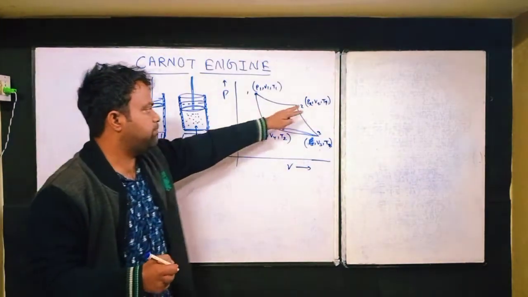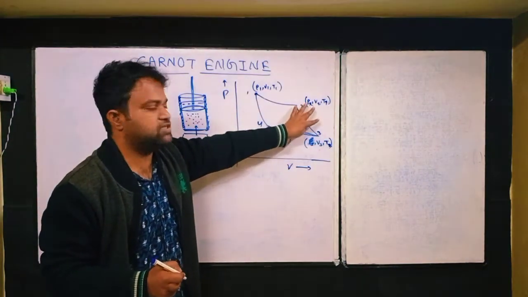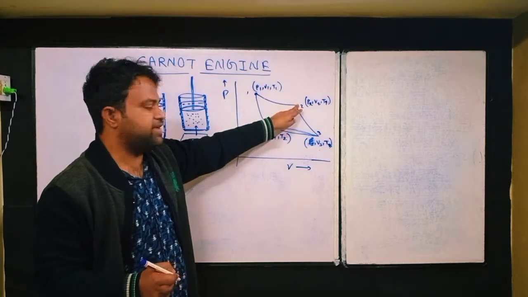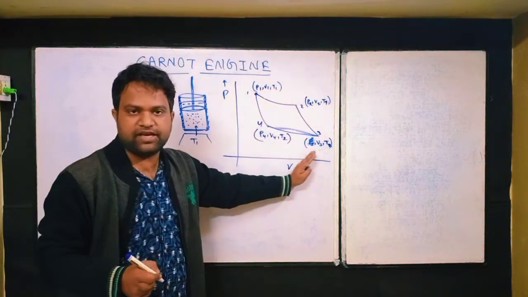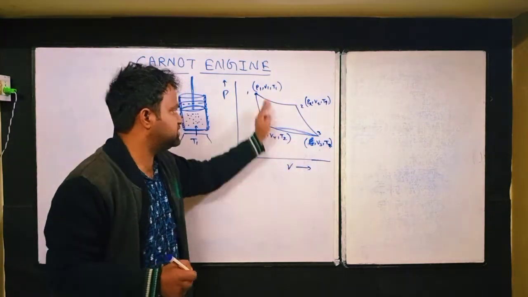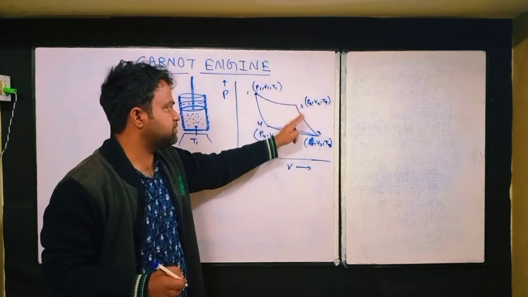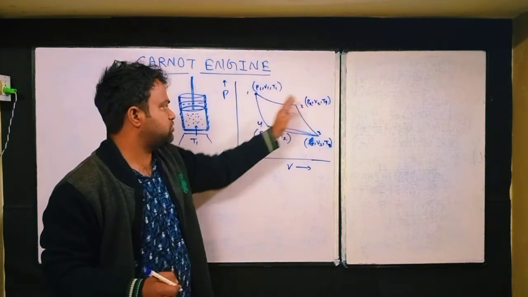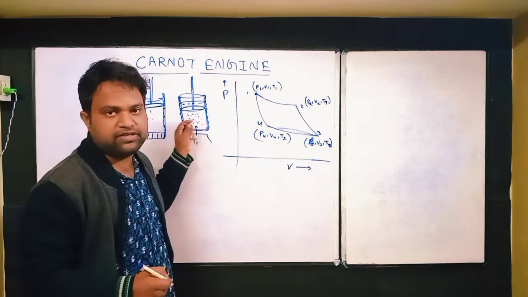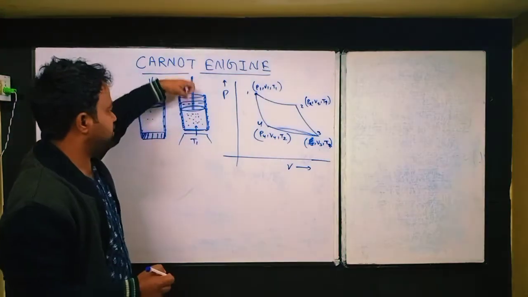This is the process from 2 to 3. The first was isothermal expansion, where volume is increasing along the x-axis, and temperature remains constant because the expansion is done isothermally.